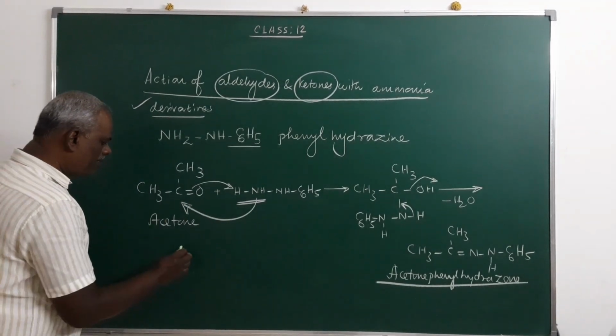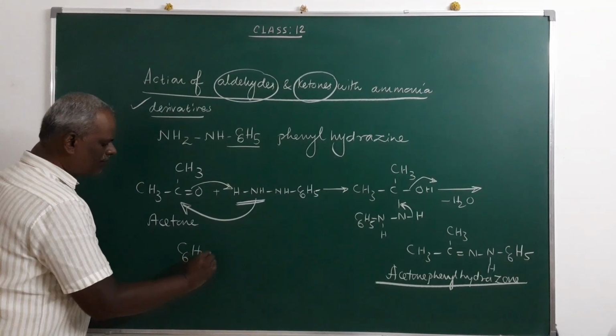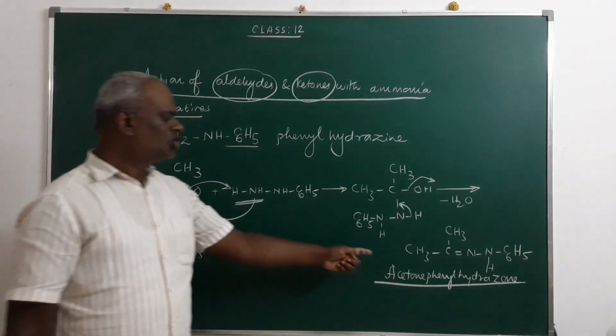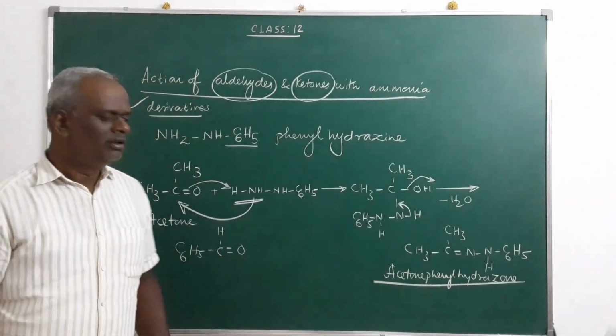When you take the benzaldehyde, C6H5CH double bond O, we will be getting benzaldehyde phenylhydrazone.